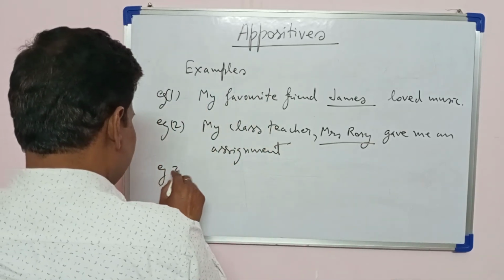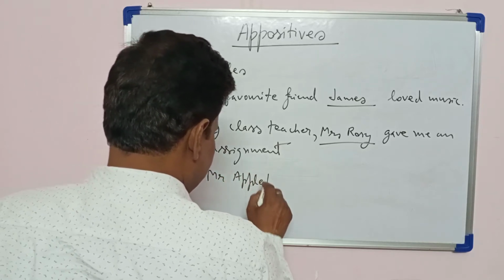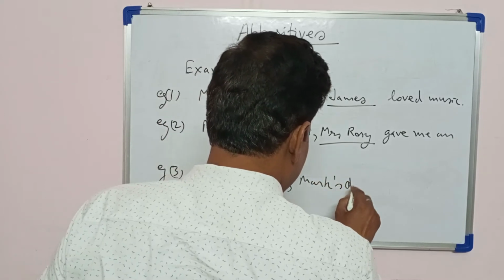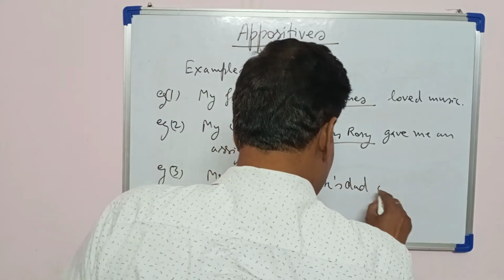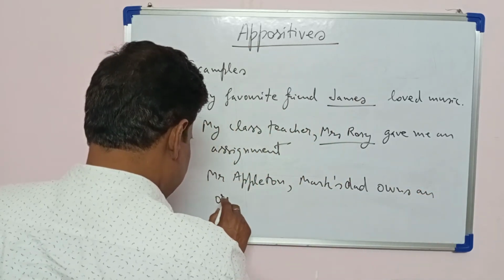Next example: Mr. Appleton, Mark's dad, owns an orchard.